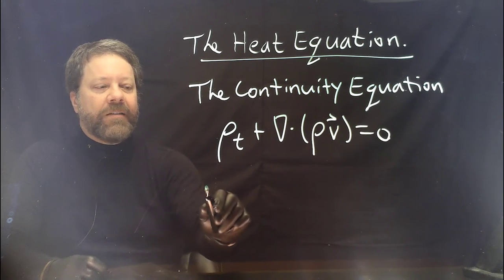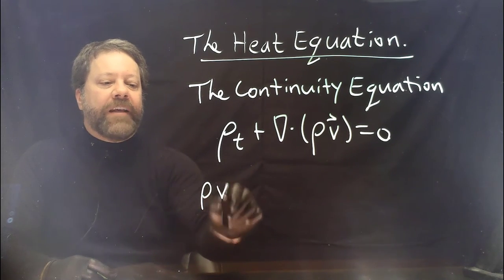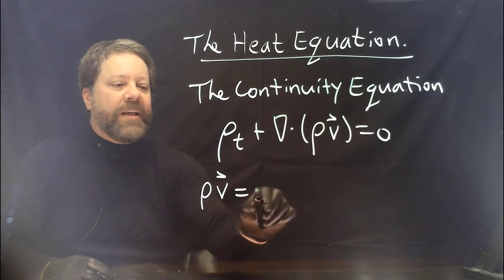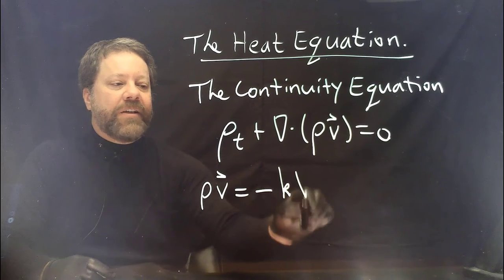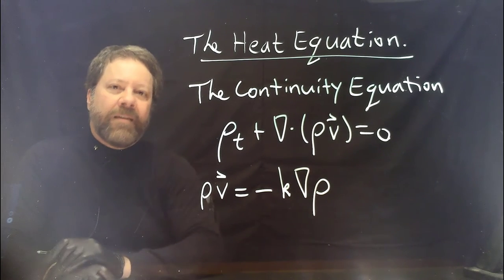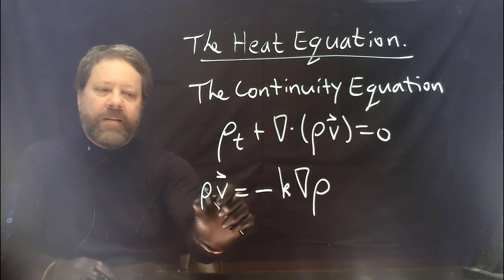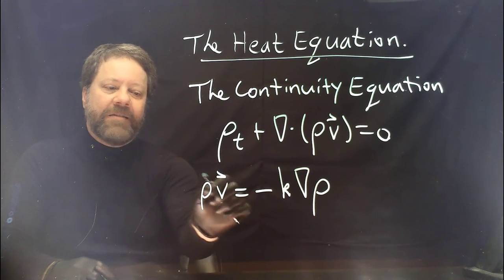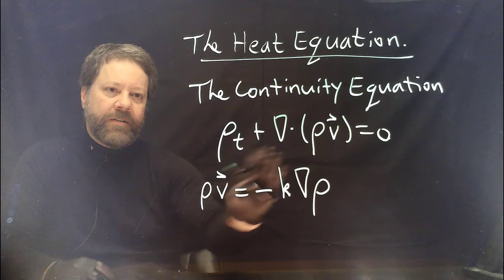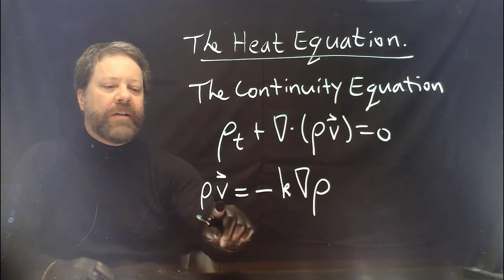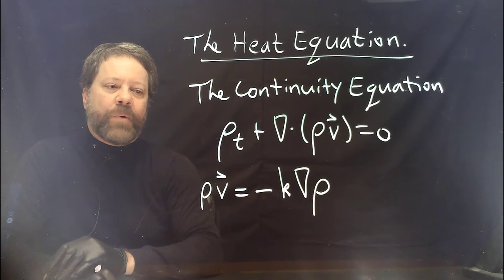In particular, if you set rho v to be minus a constant times the gradient of rho, these are the fluxes, the mass that is being transported in a particular direction. What direction is the mass transported?